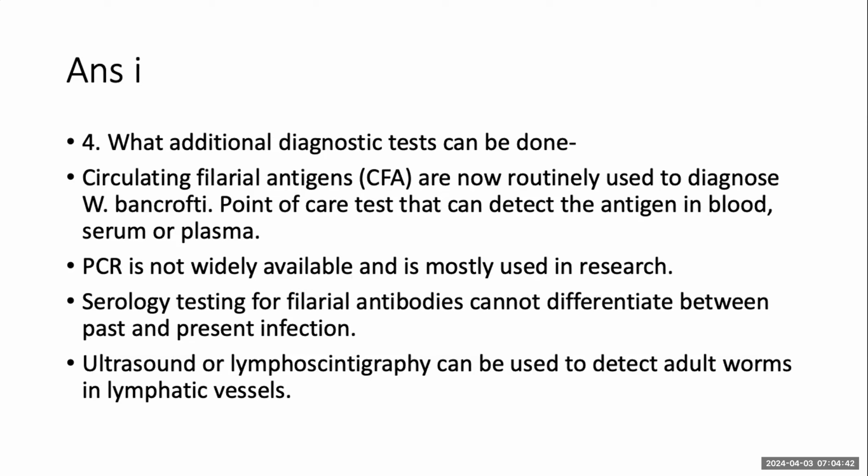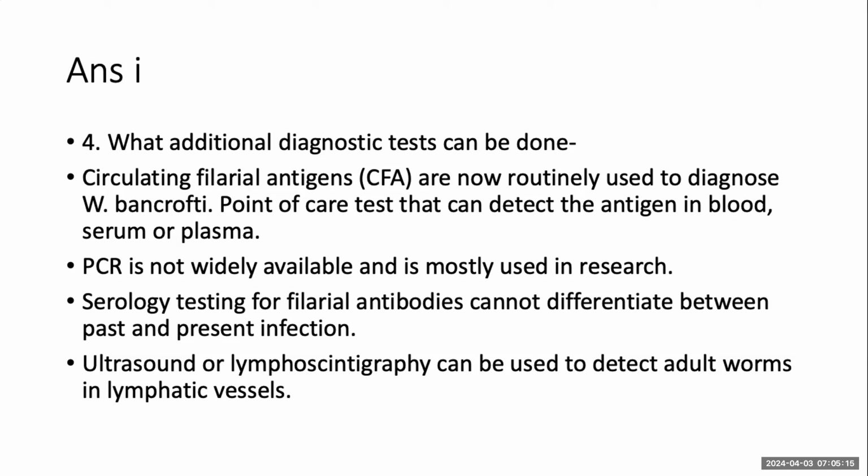Number 4 states, what additional diagnostic tests can be done? So I've already mentioned the circulating filaria antigens, if that's what I wanted to hear in question number 3, or peripheral blood film. Polymerase chain reaction can be done, but it's not widely available and it's mostly used in research. We can also do serology testing, which tests for the IgG or IgG4 antibodies against the organism.